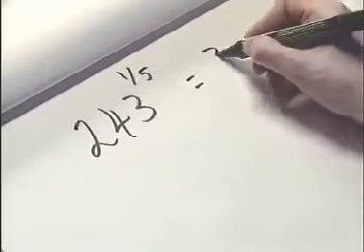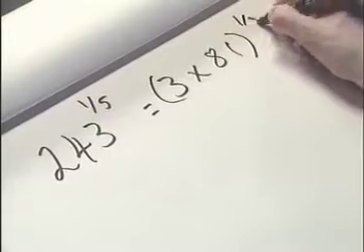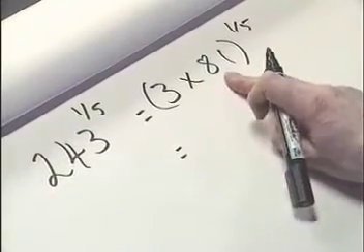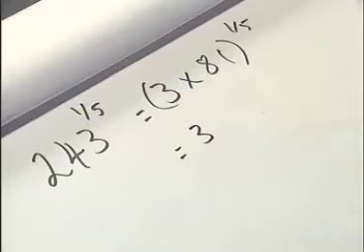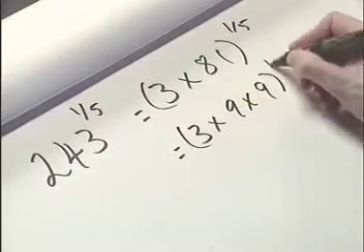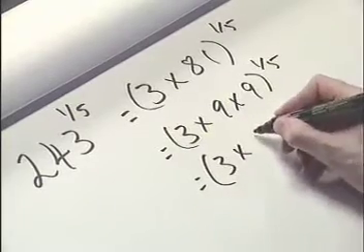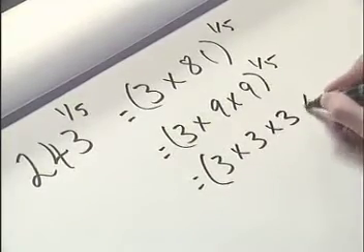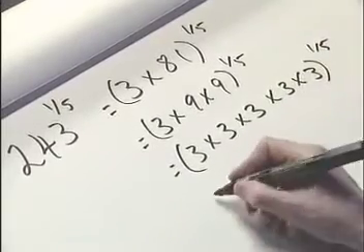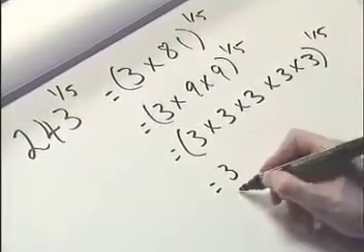So we know this is 3 times by 81. 81, we know, is 9 times by 9. And each of those 9s is 3 times by 3, which means the number that we want is just 3.